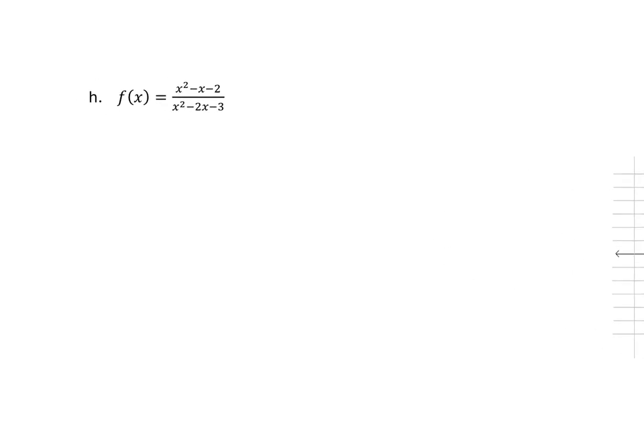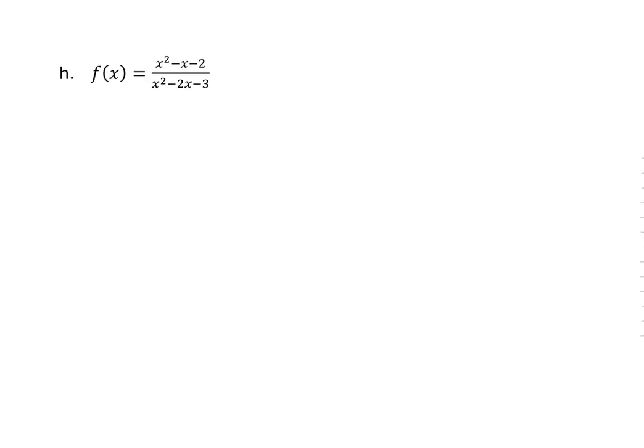Let's come down to example H. This one we got a lot of stuff going on here, and so again the first thing that I want to do is go ahead and factor both top and bottom and see if we have anything that cancels.